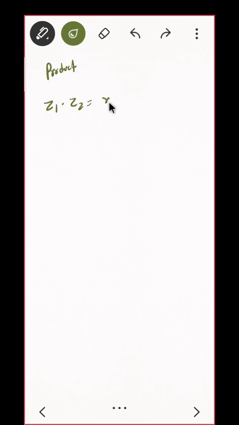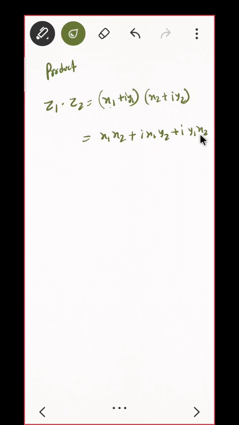So you start with x1 plus i y1 and this is x2 plus i y2 and try to multiply this. If you multiply, you will get x1 x2 plus i x1 y2 plus i y1 x2 plus i into i will be i square. I'll write here, this will be i square y1 y2.